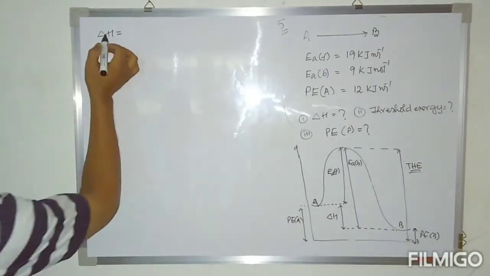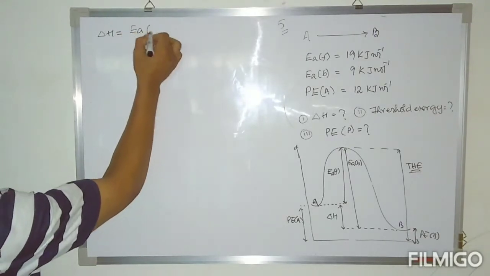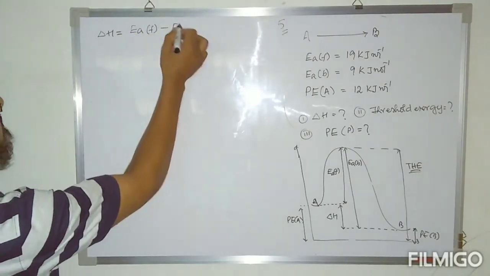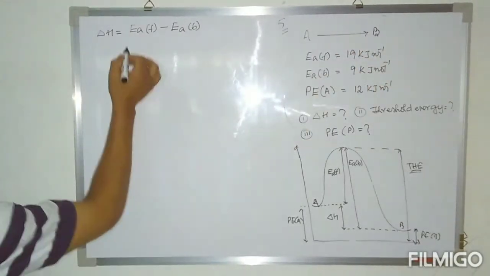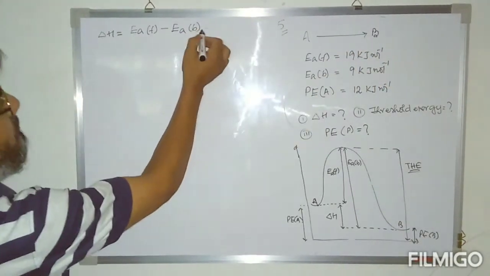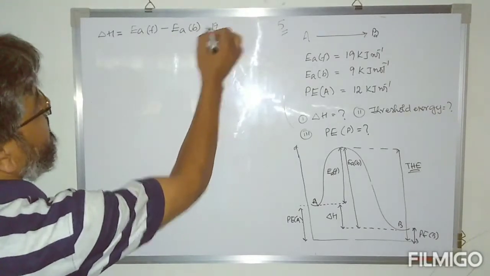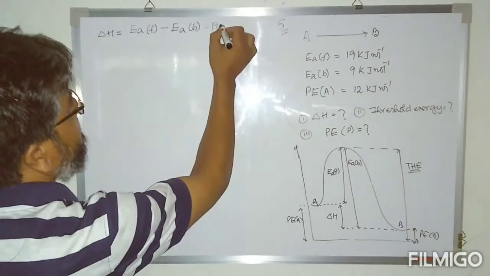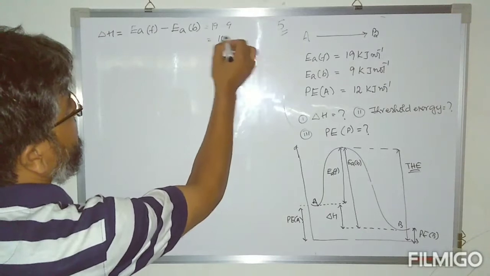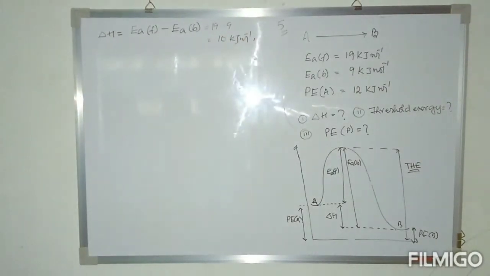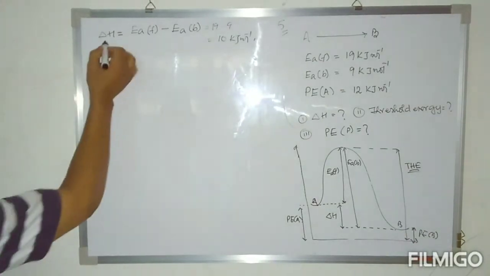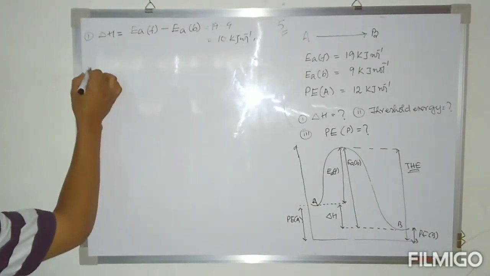Enthalpy of reaction is the activation energy of the forward reaction minus the activation energy of the backward reaction. So forward reaction is 19, backward reaction is 9. So this is 10 kilojoule per mole. This is the enthalpy of the reaction.